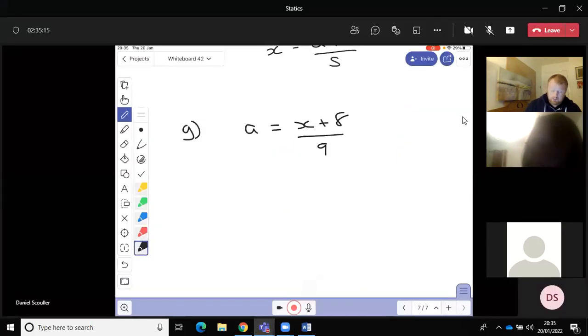We're wanting to leave X on its own, so we want to isolate X. That X is on the top line. That top line is a whole expression itself, so that X plus 8 has to stay whole, and we need to get rid of that division first.